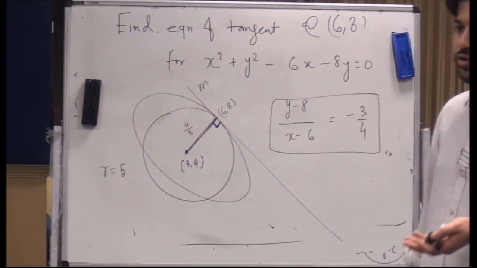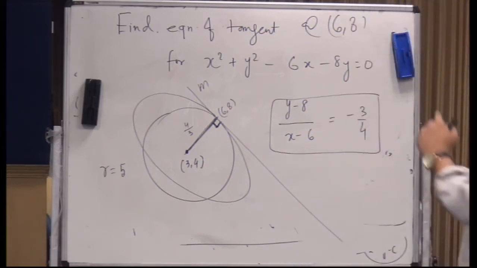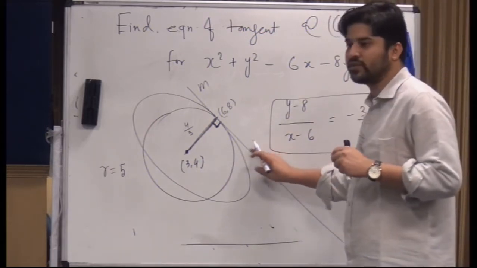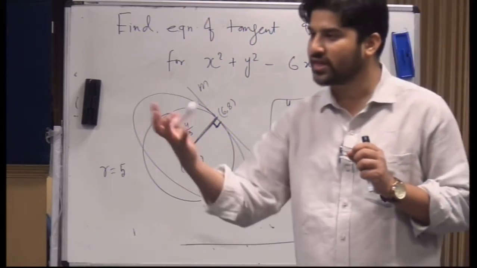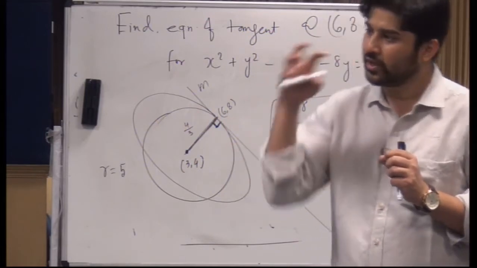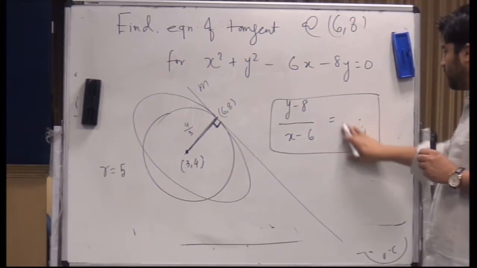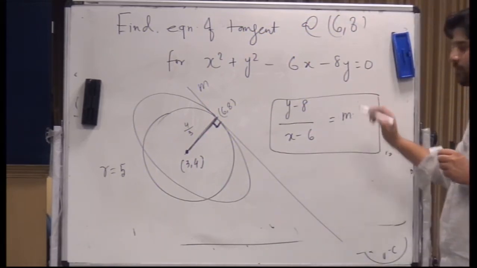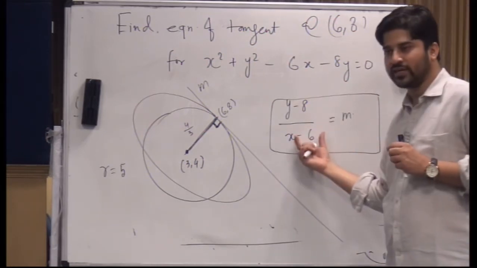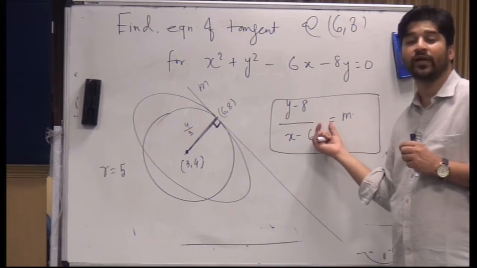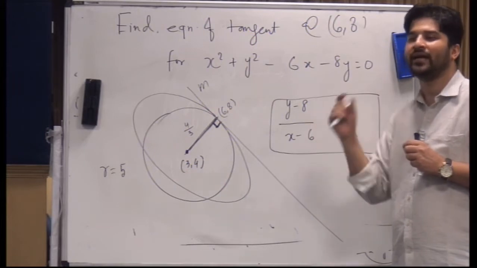These three are also your 2-degree curves, and the only thing you know is that it is an intersection of a linear equation with a 2-degree equation. And how do you solve two equations? You just have to substitute one value of y into another. So instead of finding m, you have your equation of a straight line in which you are not able to decipher what m is, but you are able to write the equation in the form of y, x and m.